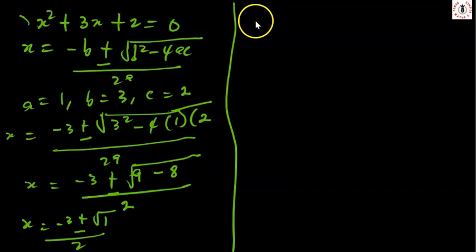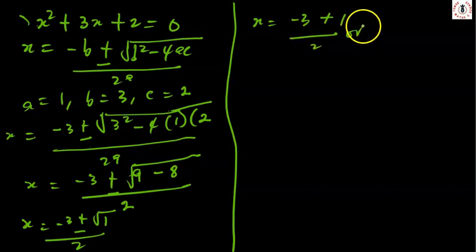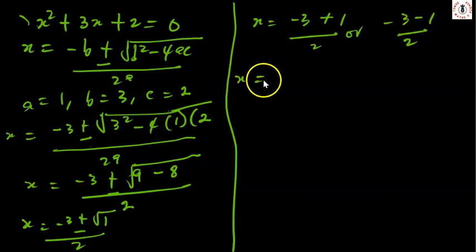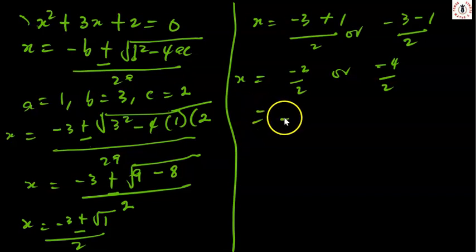Now x is equal to minus 3 plus or minus, that's plus square root of 1 is 1 over 2, or minus 3 minus 1 over 2. So x is the same thing as minus 3 plus 1, that's minus 2 over 2, or minus 3 minus 1, that's minus 4 over 2. So x is equal to minus 1 or minus 2.